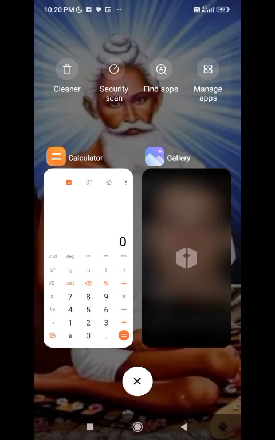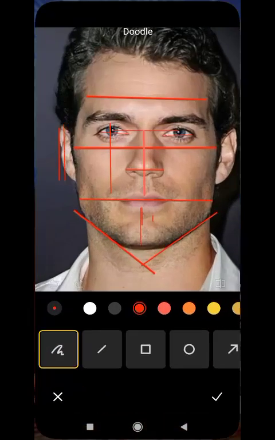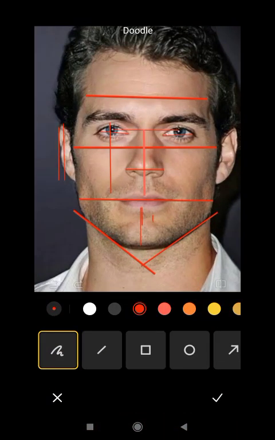It's just that the ratios lower than 2.5 would be more feminized, and the ratios above 3 would be more masculine.